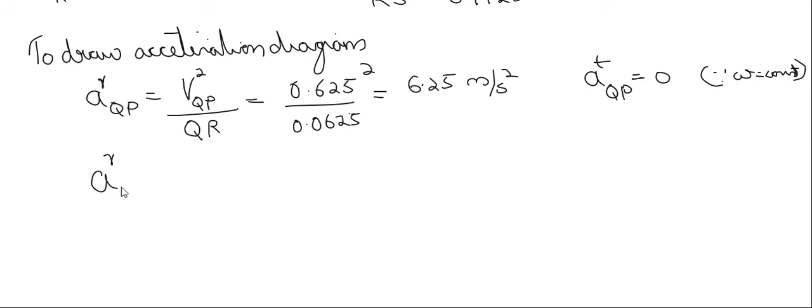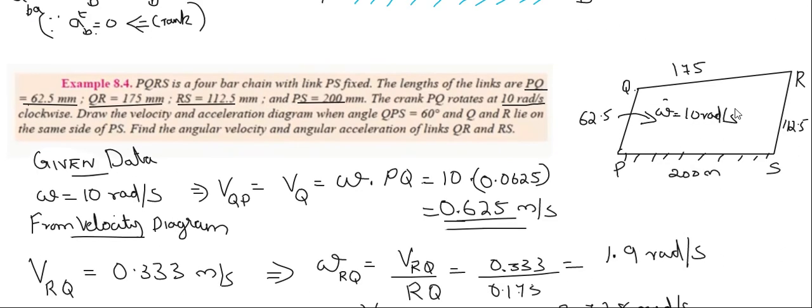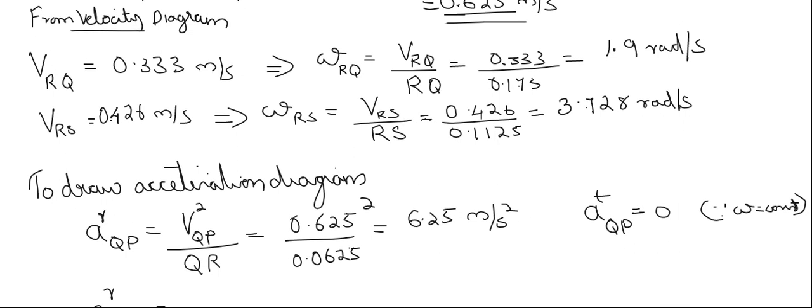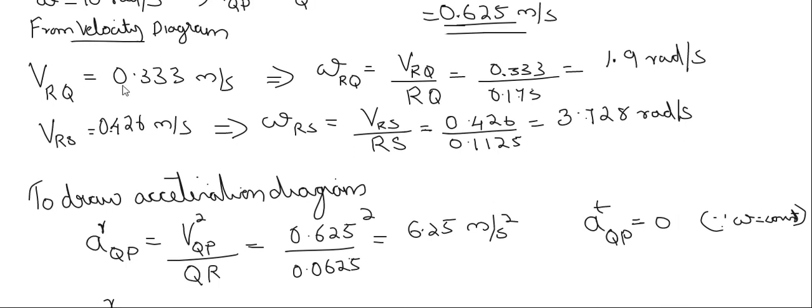Now radial component of next link is RQ, that is the coupler link. RQ or QR, that is the coupler link. We already found out VRQ from velocity diagram. So that will be VRQ square divided by the length of the link RQ.